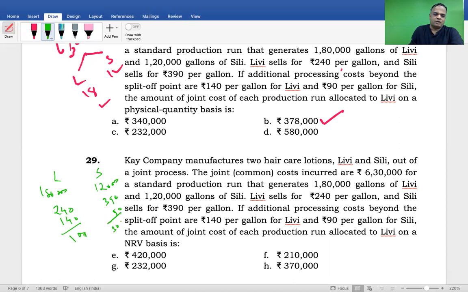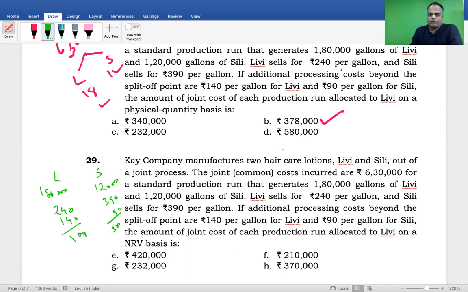So we have to apportion in the ratio of 1:3. If I apportion 1:3, for Livy, how much are we getting? 2,10,000? Total joint cost 6,30,000 divided by 3. How much? 4,20,000? 1:3, am I right? 1,57,500.